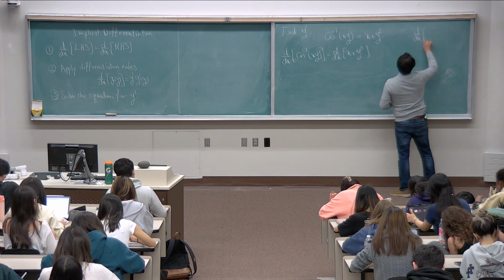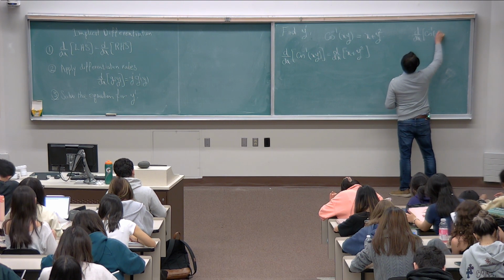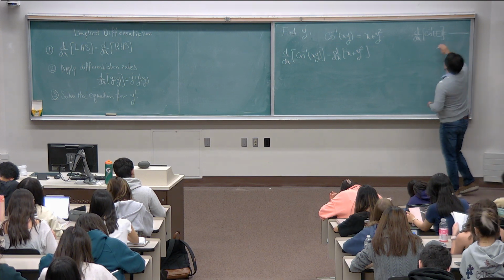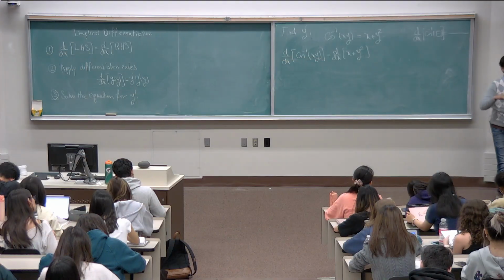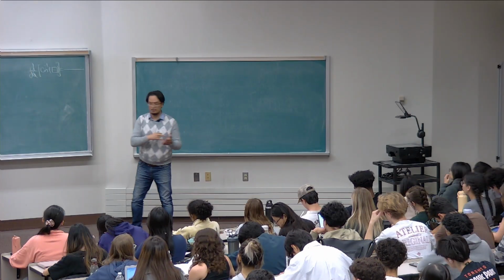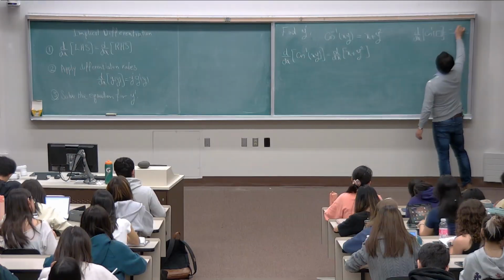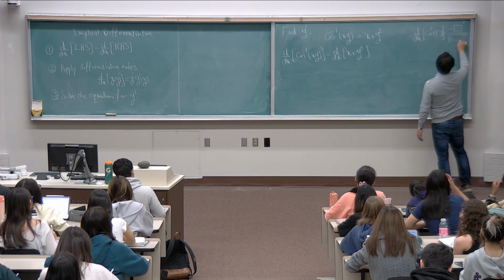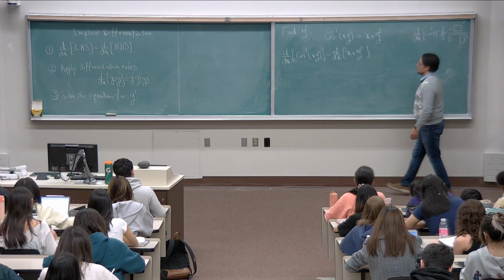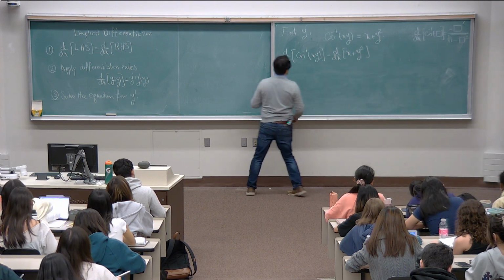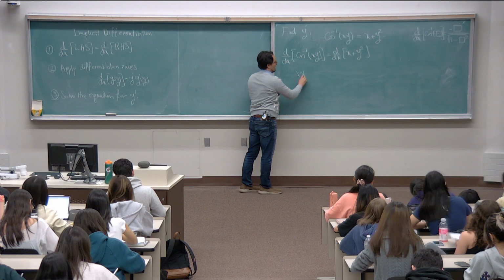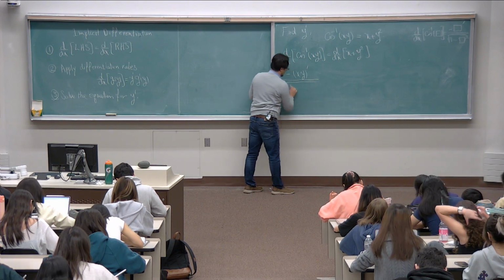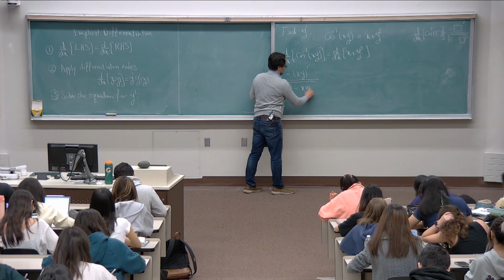For cosine inverse of box, it's like the derivative of sine inverse. You have a negative sign multiplied to that. So it would be negative of box prime over the square root of 1 minus box squared. In other words, I have x y prime, negative of that over the square root of 1 minus xy squared.